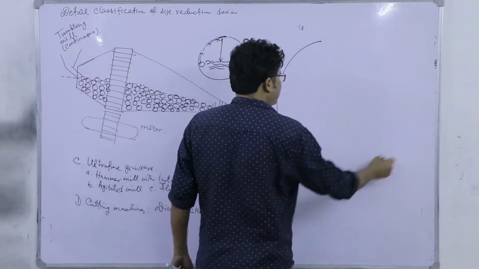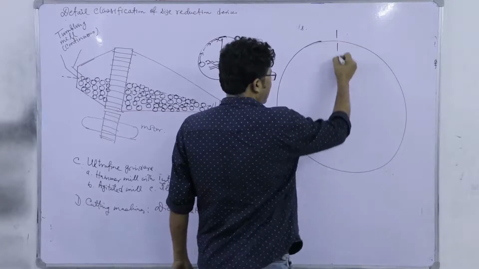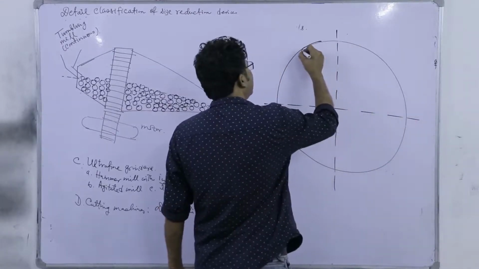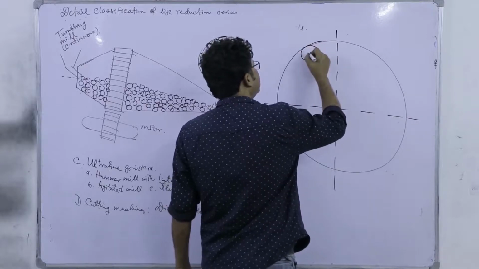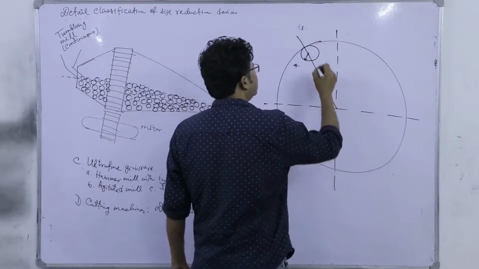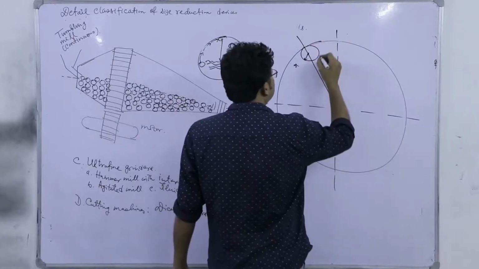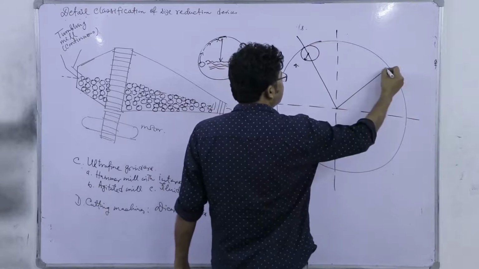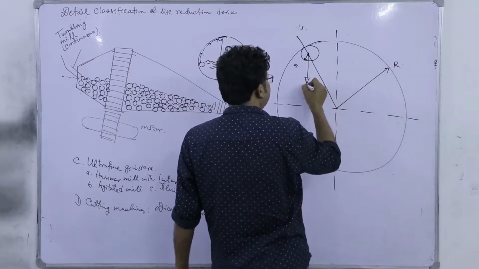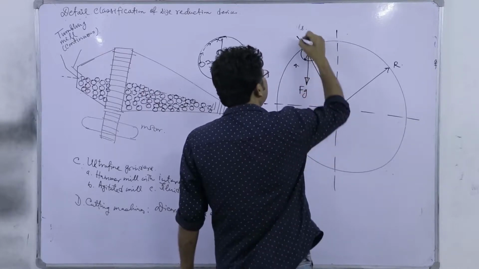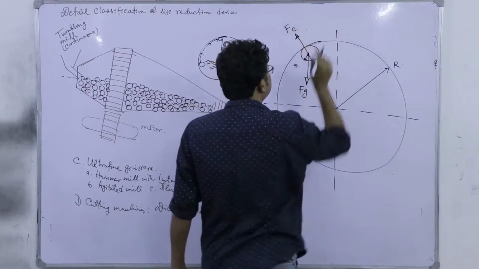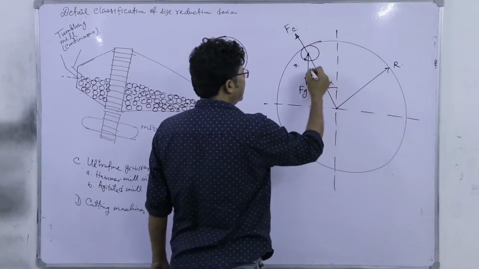So let's think of this cross section, and here we have the ball which has a radius r, right. The radius of the mill is R, right. So gravity will be this Fg, and here we have the centrifugal force Fc, and this angle is alpha.